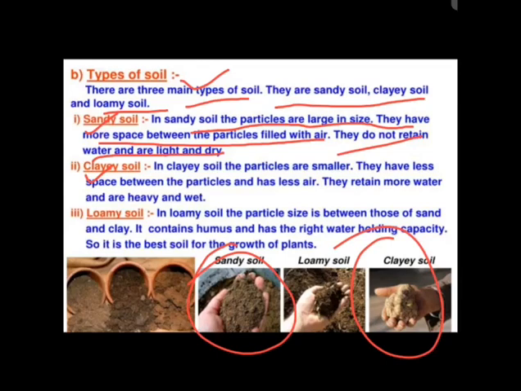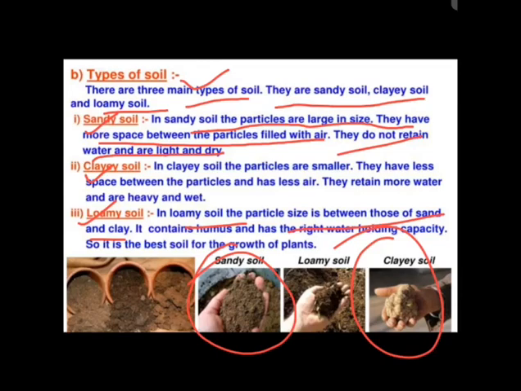Now the next type of soil is loamy soil. In loamy soil, the particle size is between those of sand and clay. In sandy soil the particles are large, and in clay soil the particles are smaller. But in loamy soil the particles are comparatively smaller than sandy soil and larger than clay soil.